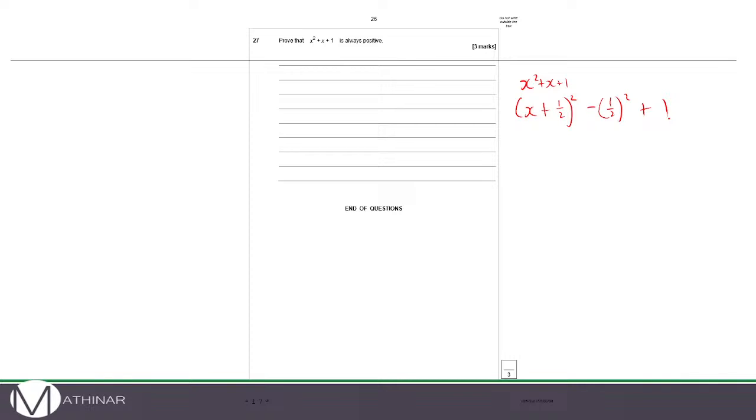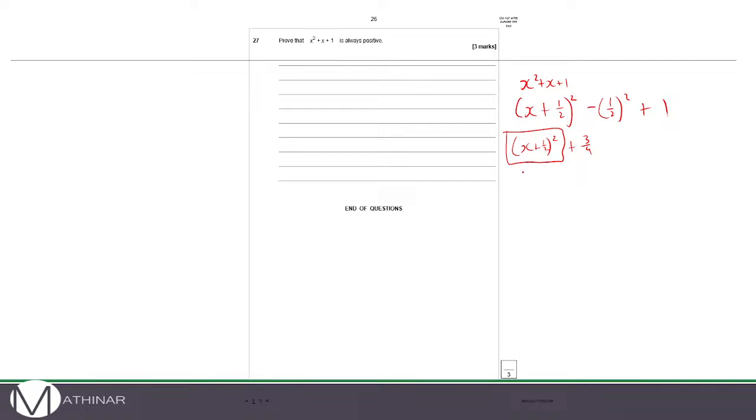Okay, so we have that, and all we need to do is to expand this last bit. x plus a half squared minus a quarter plus 1 gives us plus 3/4. Now, this here is a square number. So because it's a square number, even if x was a negative number, when you add half to it, it may still be negative, but when you square it, it's going to be positive.